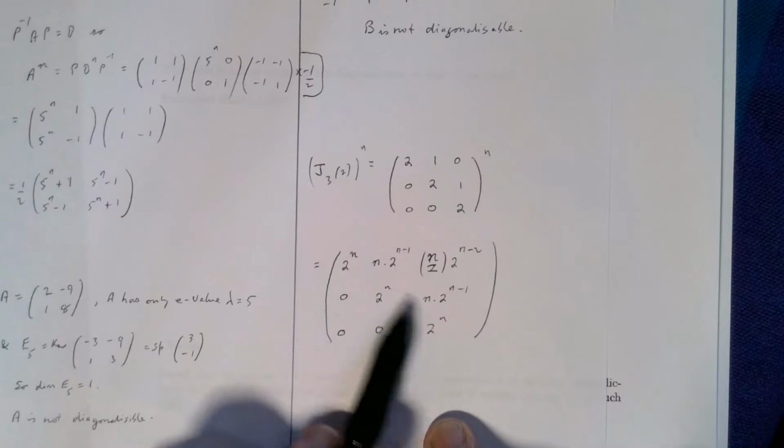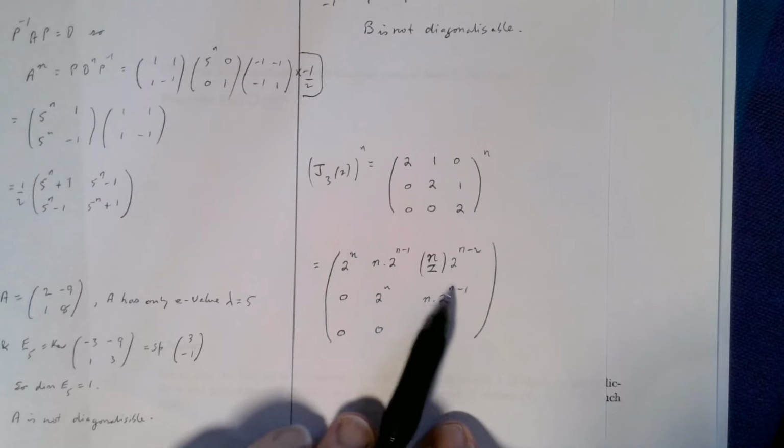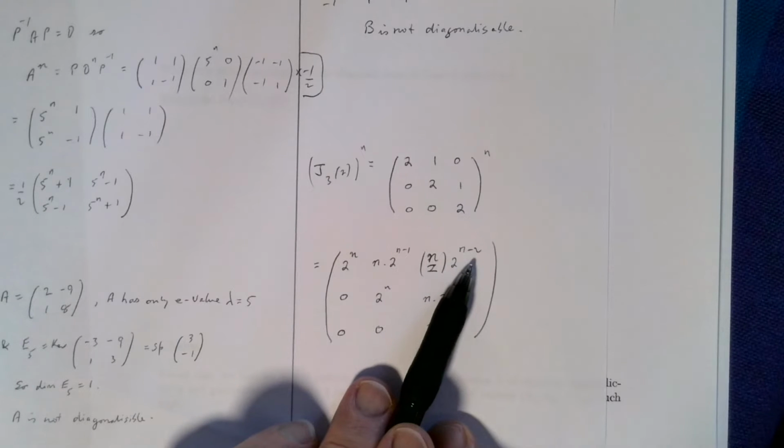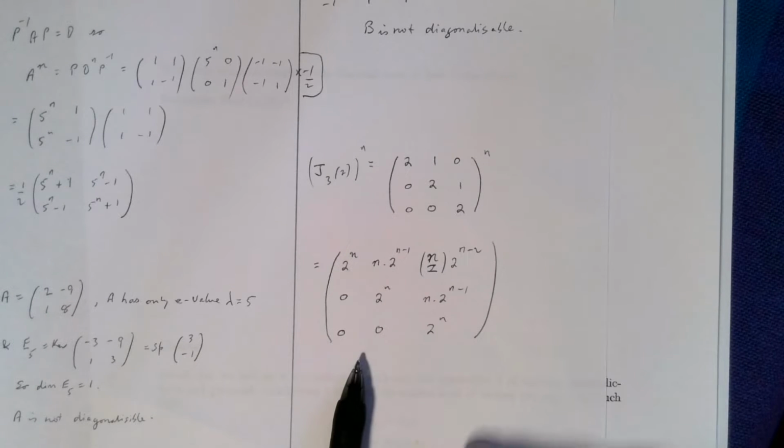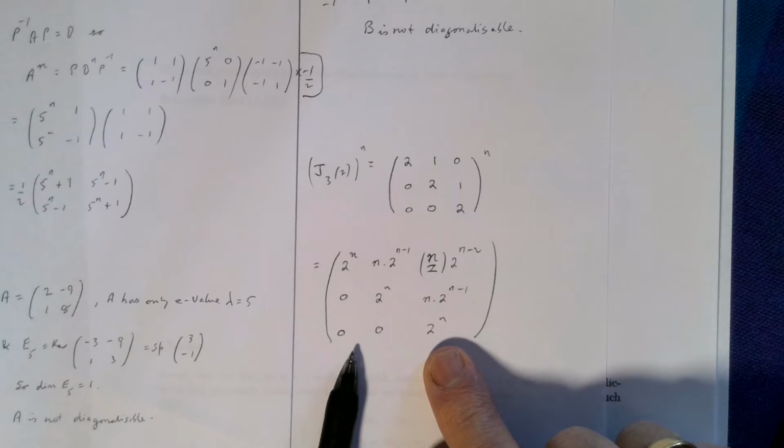And the next one up here, you get n choose 2, which you can write as a half n times n minus 1, times 2 to the n minus 2. Again, it's not quite as simple as a diagonal nth power, but it's not too bad, and the patterns are nice and quite simple. And it is very nice we can actually do this.